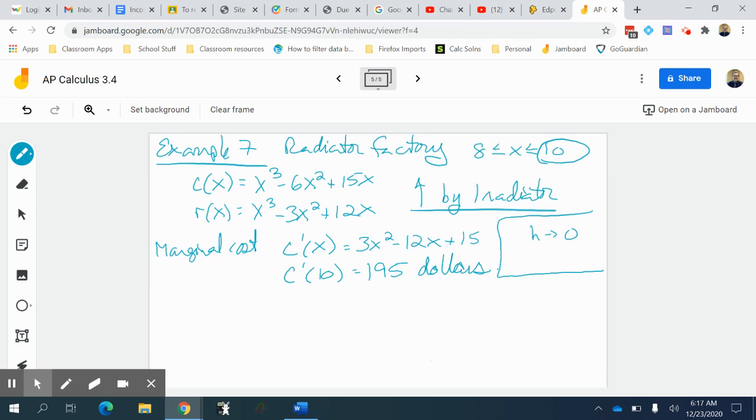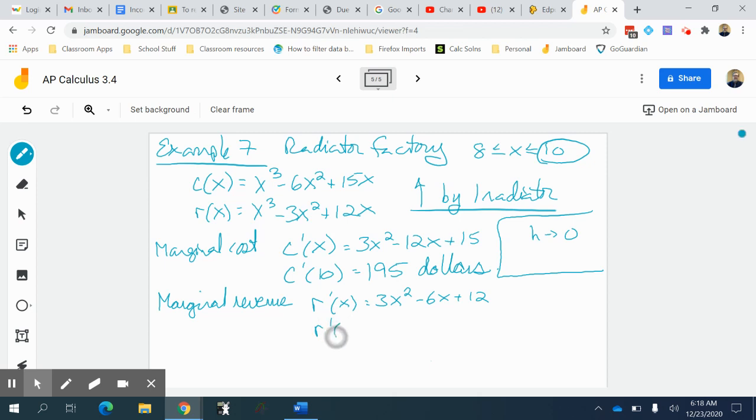So let's talk about marginal revenue. Is it worth it? My marginal revenue, the rate of change of revenue with respect to the number of radiators, is 3x squared minus 6x plus 12.